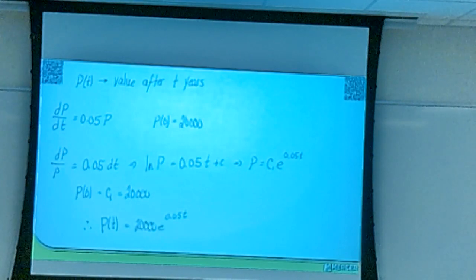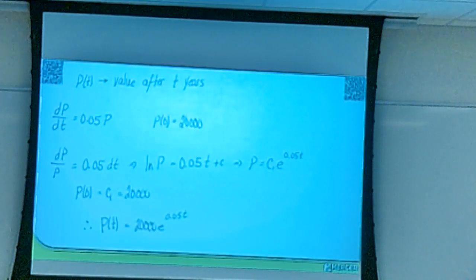Does that match the compound interest formula you learned in calculus for continuous compound? Yes, it does. P equals P naught e to the RT. That's where it came from, because this is exponential growth.